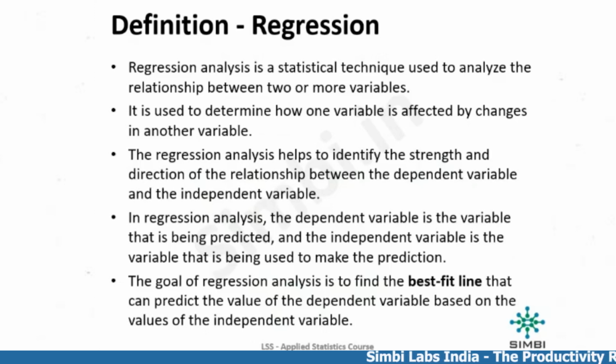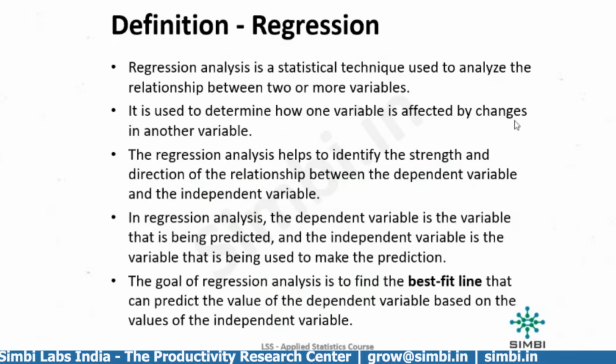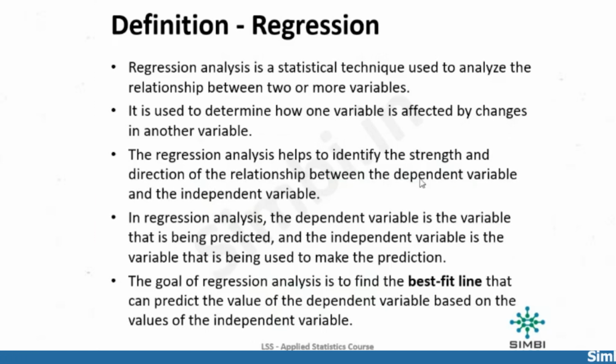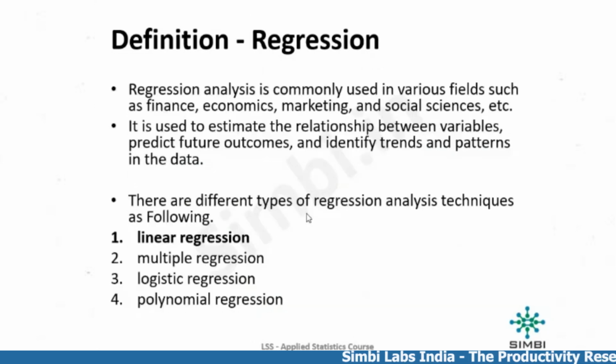This regression is useful for analysis, and it is used to determine how one variable is affected by changes in another variable. Also, regression analysis helps to identify the strength and direction of the relationship between the dependent variable and the independent variable.